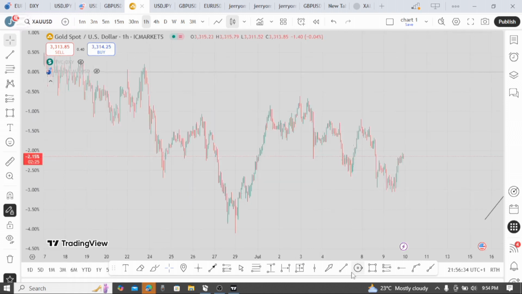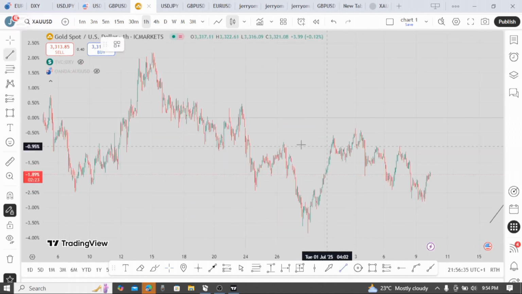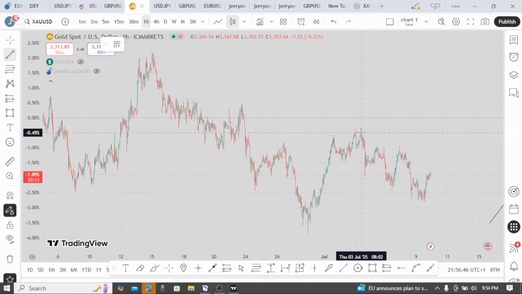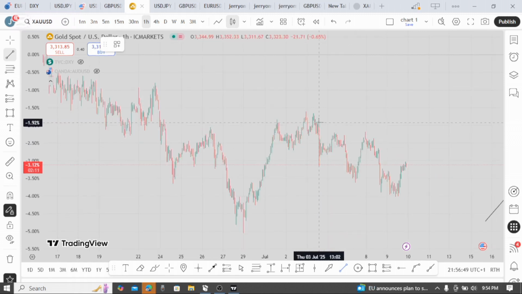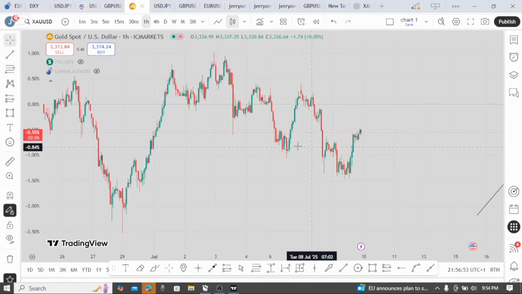Here we saw it when market went down, went up, went down, we saw higher high, higher low, higher high, higher low. So here a violation. After this we saw a shift of market structure.